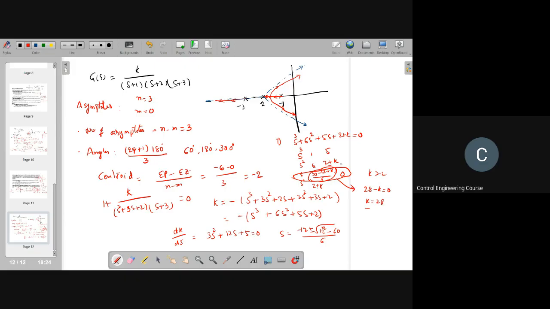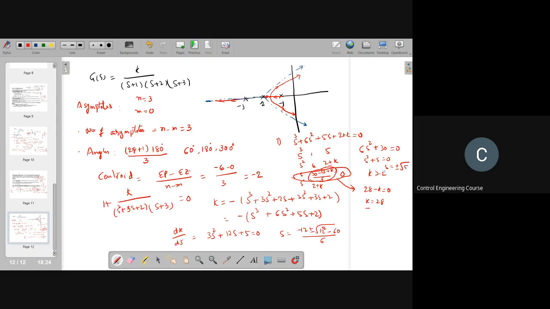Now you need to formulate the auxiliary equation, that is 6s square plus (2 plus k is 30) equal to 0. That means s square plus 5 equal to 0, s is equal to plus or minus root 5.